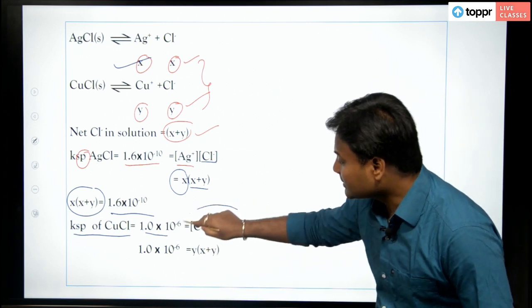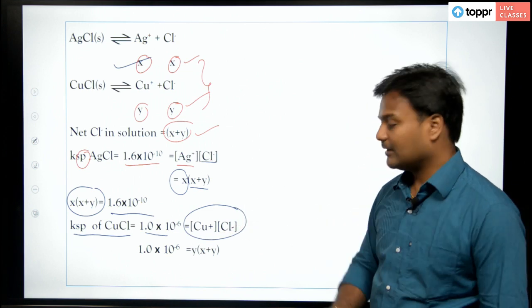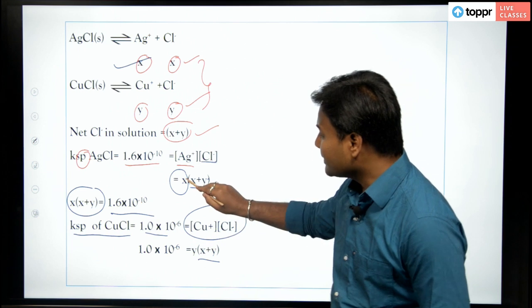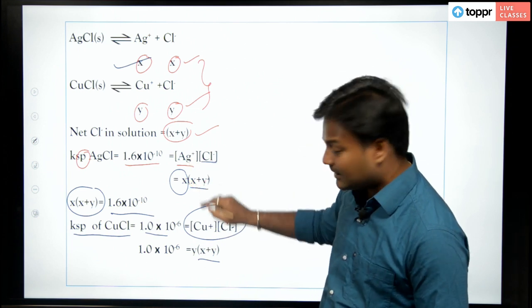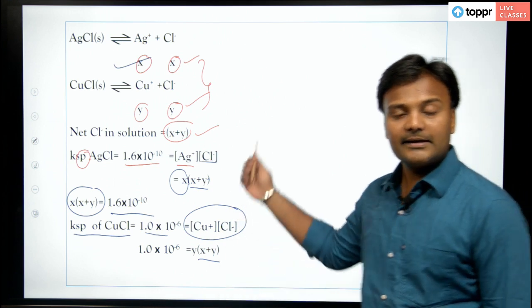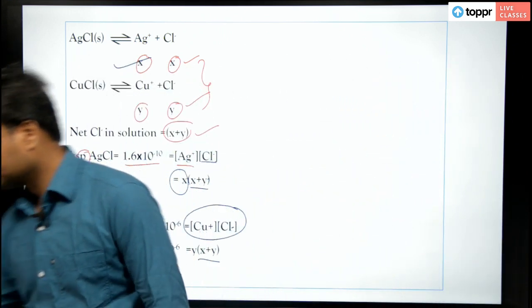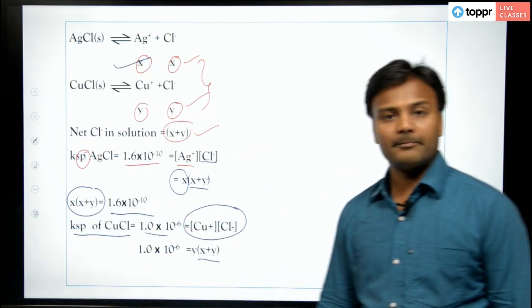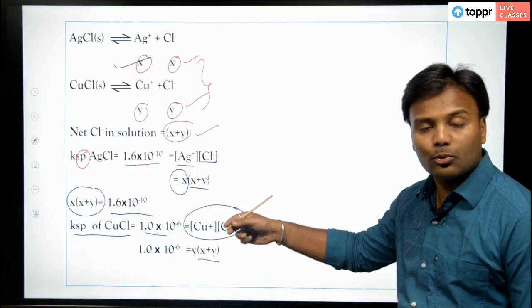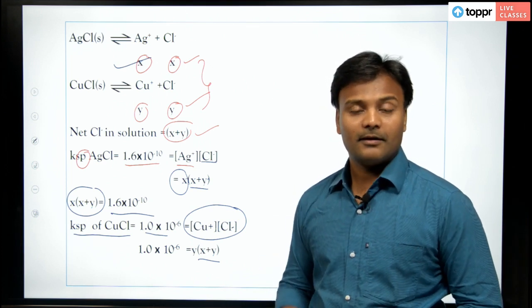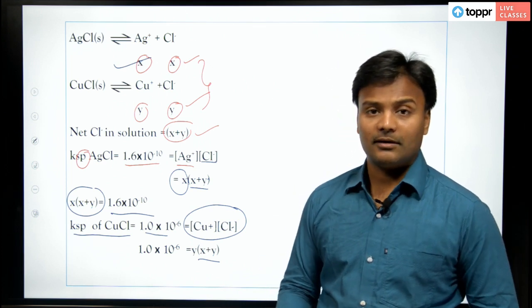So this is Cu plus and Cl minus, again the same x plus y is common, but instead of x for Ag plus, here you have y for cuprous ions. Is it clear up to here? This is how you need to write it down for subjective questions.